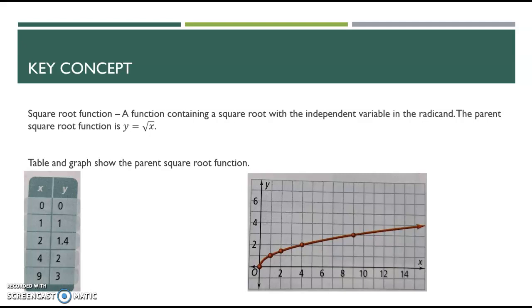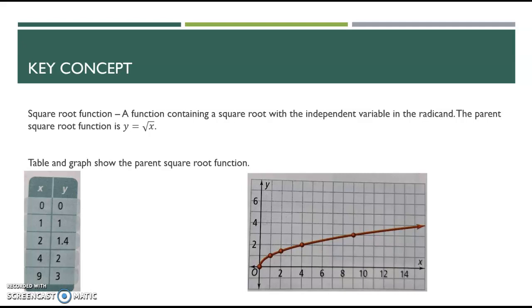If you notice, we are all positive y values, so our range is positive at this point. We are currently starting at 0, 0, at least for these first several. We're going to talk about how we shift this graph in different ways. But if you notice, it's half a parabola.